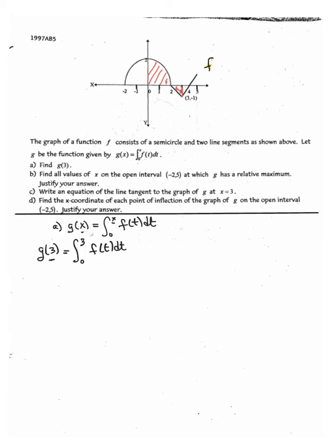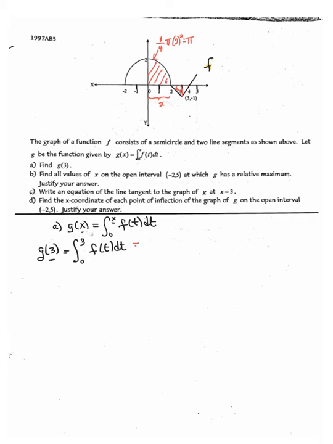Now remember, the definite integral is net area. So the area of the quarter circle is positive, and the radius is 2, with the center at the origin. So the area of this piece would be 1/4, because it's a quarter of the whole circle, pi times 2 squared, that gives us pi.